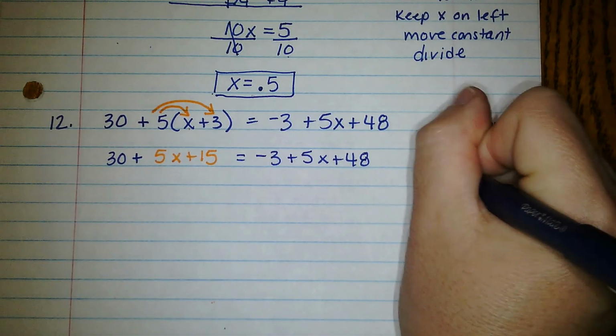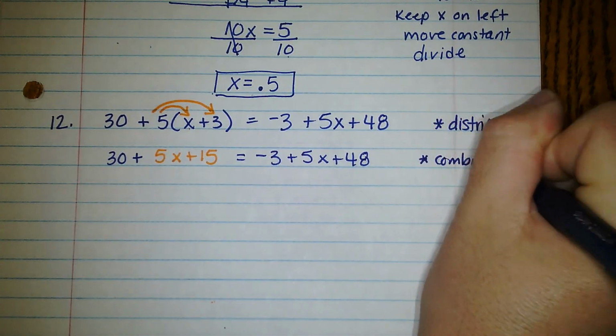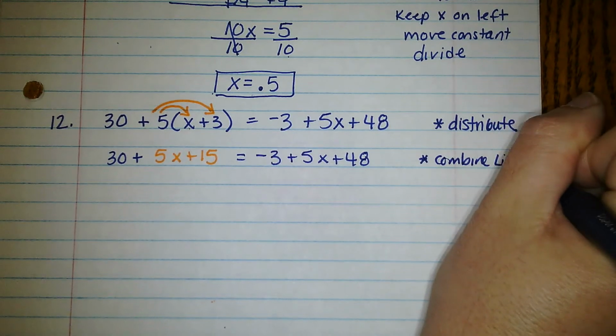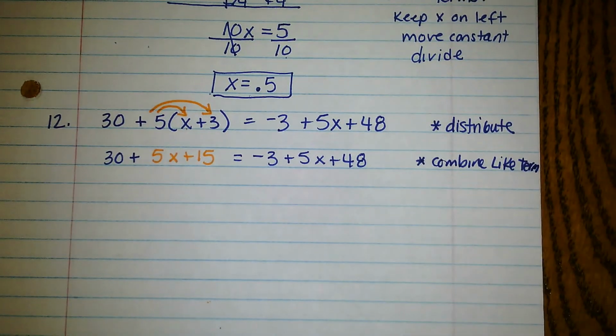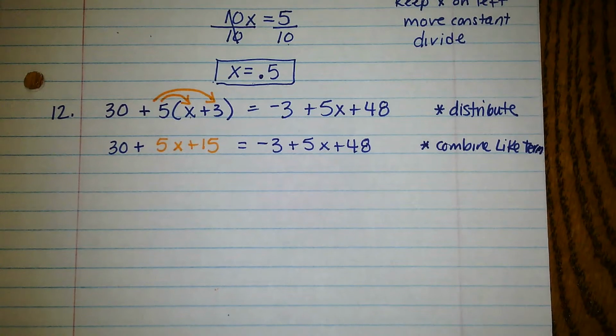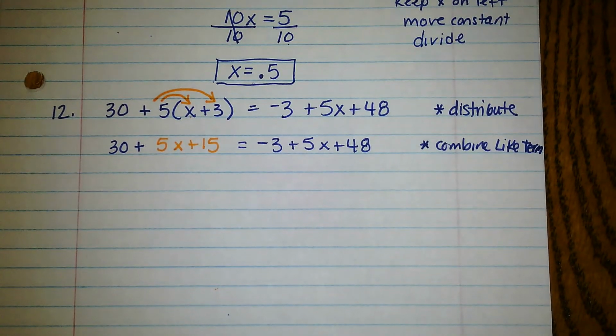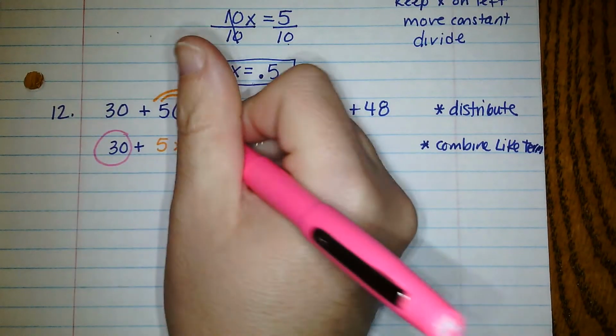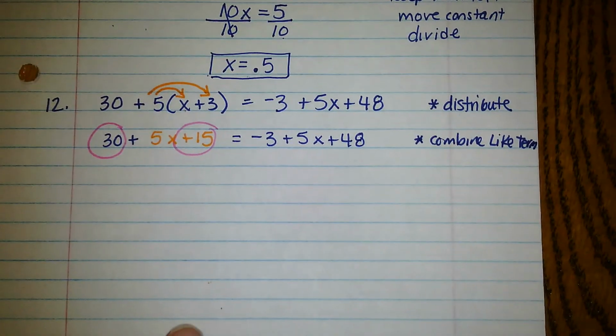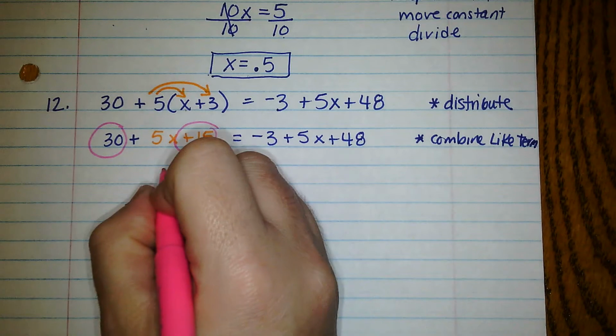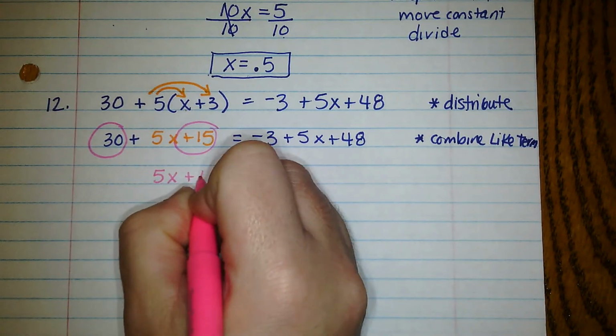Then we're going to combine like terms. So on the left, our like terms are 30 and 15. They're the like terms. So that's going to give me 5x plus 45.